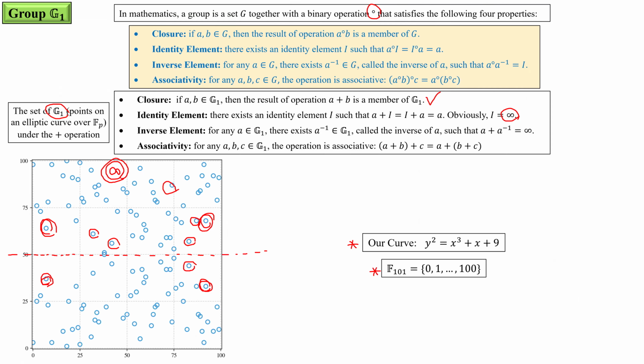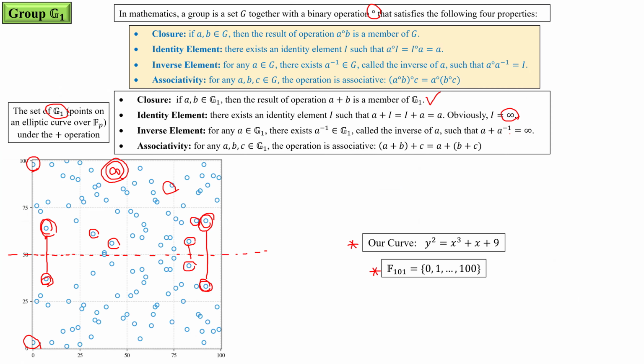If you use the website or the formula and compute the addition of each of these two reflection points, you will see the result equals infinity. Like in our example, we added these two values to each other, and we noticed that the result of the addition is infinity, which is the identity.